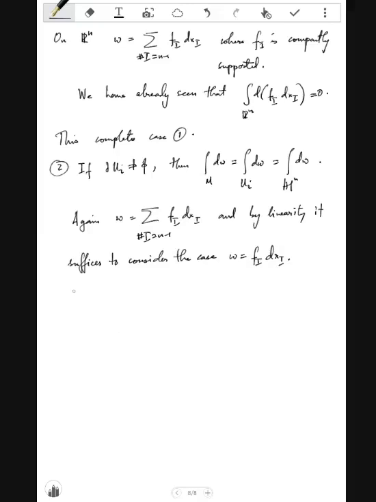So we further divide this into two cases. A, I is equal to 1 up to n except I naught, and I naught is not equal to n.